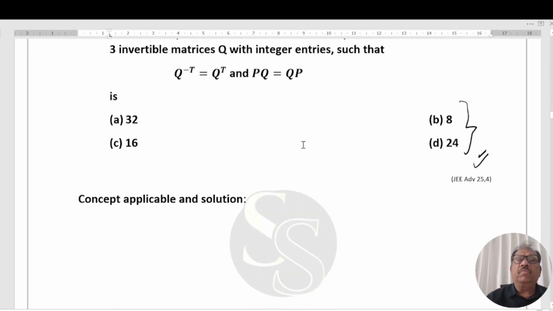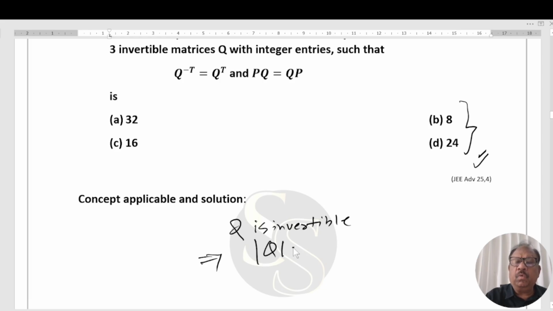Now, according to the question, it is given that Q is invertible. Invertible means determinant of Q is not equal to 0, that is, Q inverse exists.